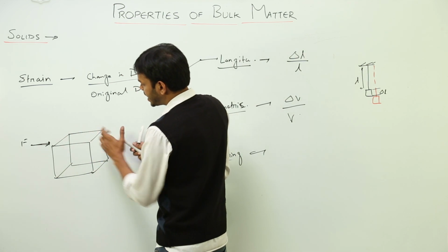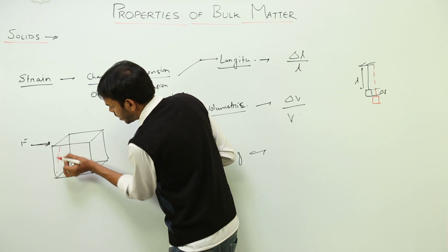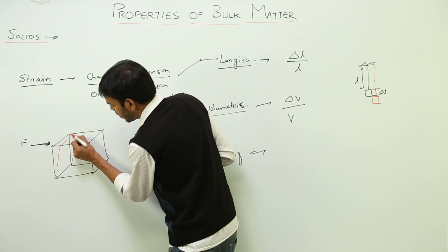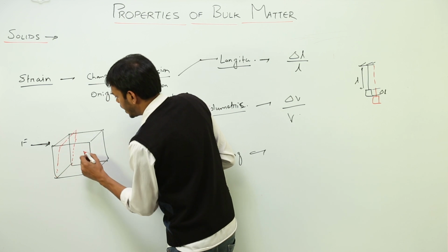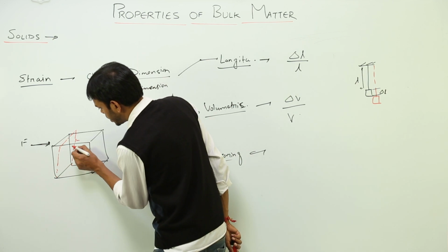This surface gets displaced. So this reaches here, this reaches here, and similarly you can say just this much angle.